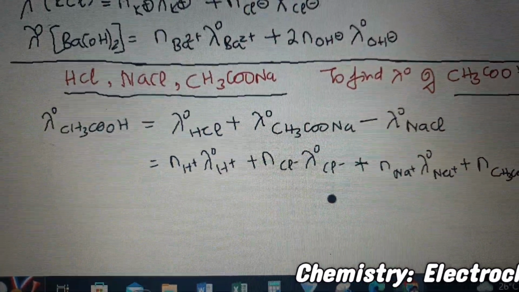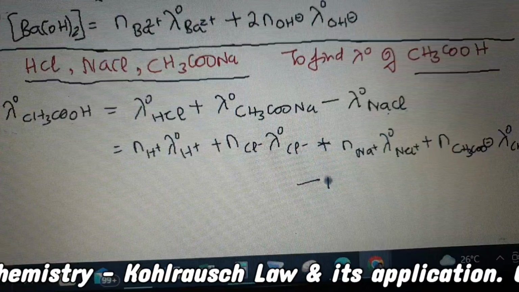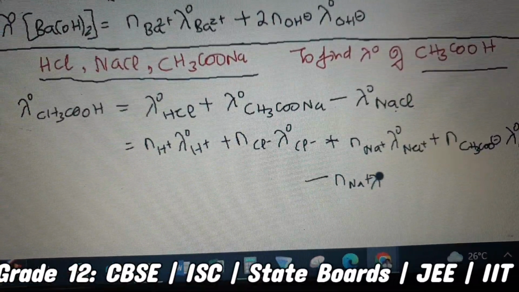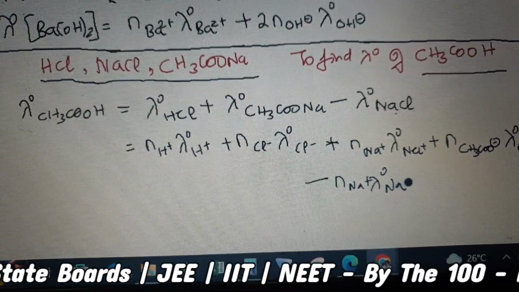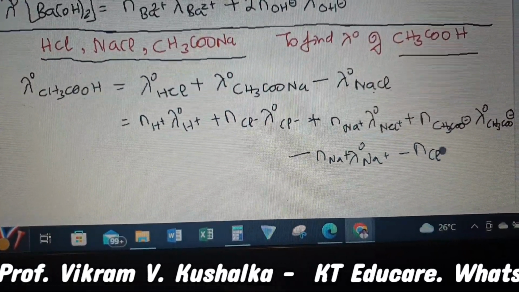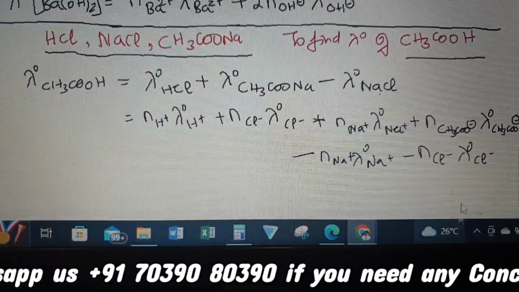Now coming to minus molar conductivities of Na and Cl, so N of Na positive into molar conductivity of Na positive, right, minus N of Cl negative into molar conductivity of Cl negative.